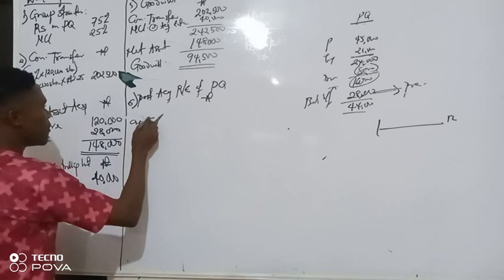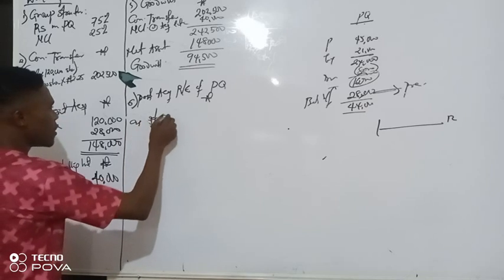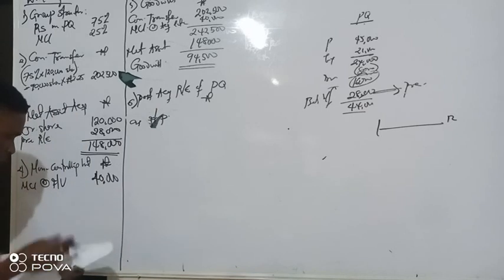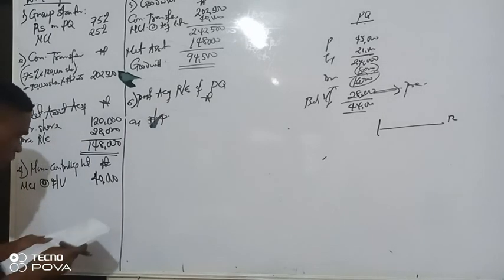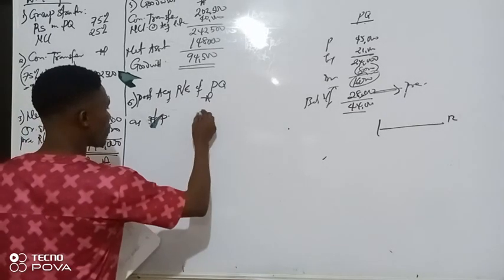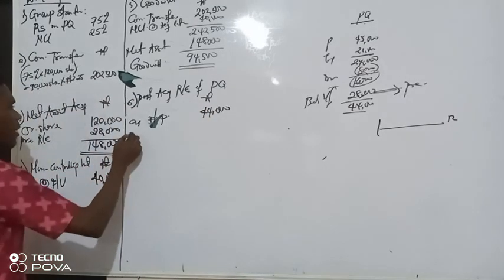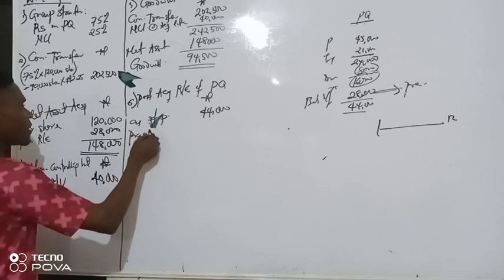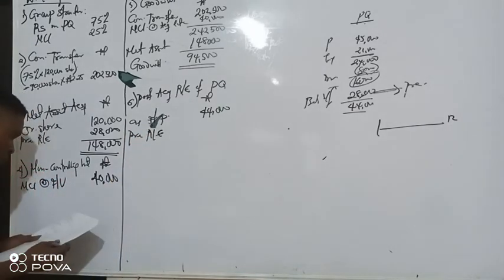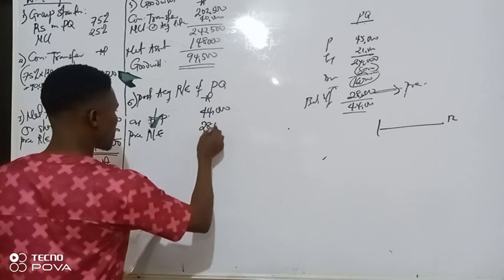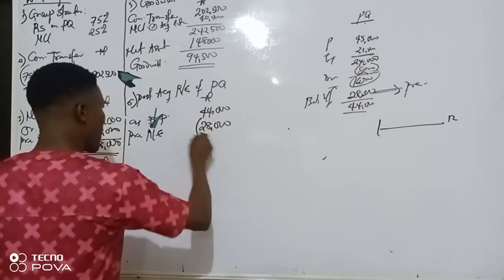As per the statement of financial position, how much do we have for the subsidiary? 44,000. The next is the pre-acquisition retained earnings, 28,000.